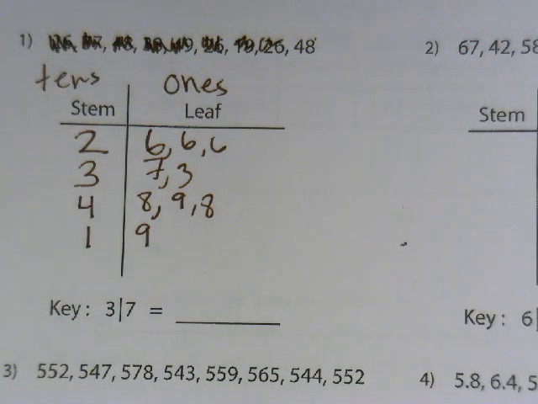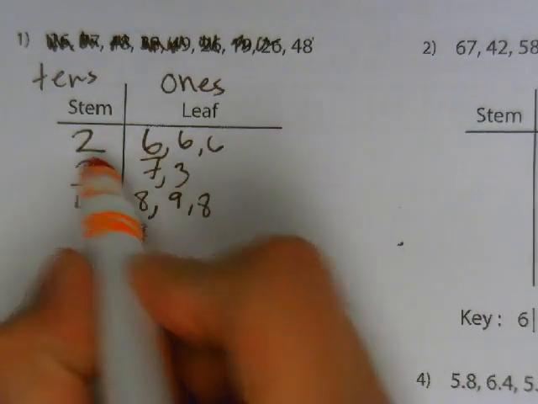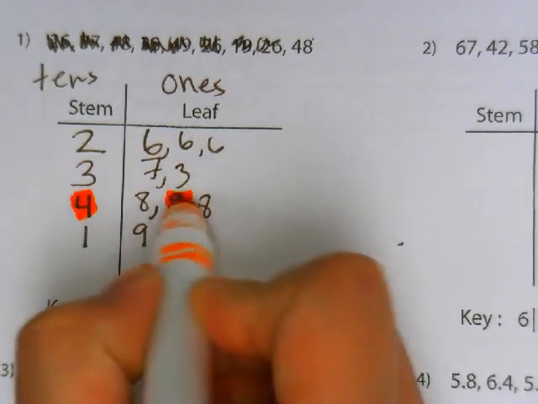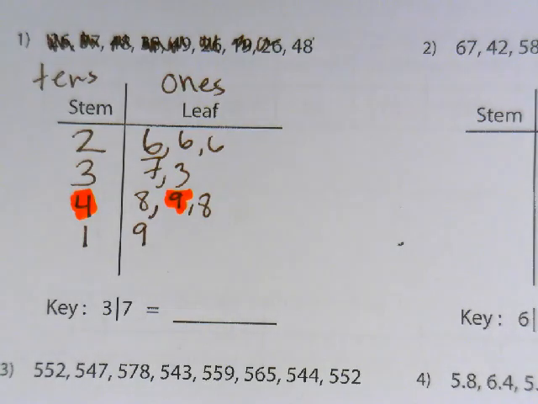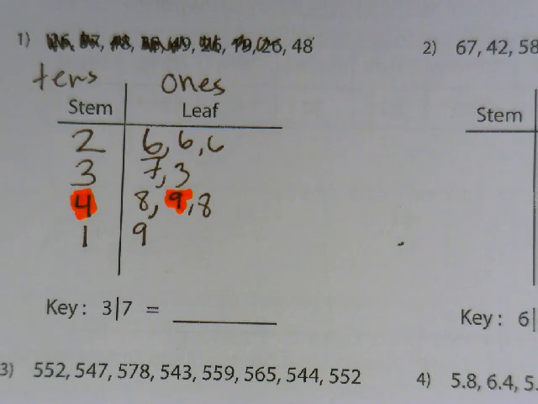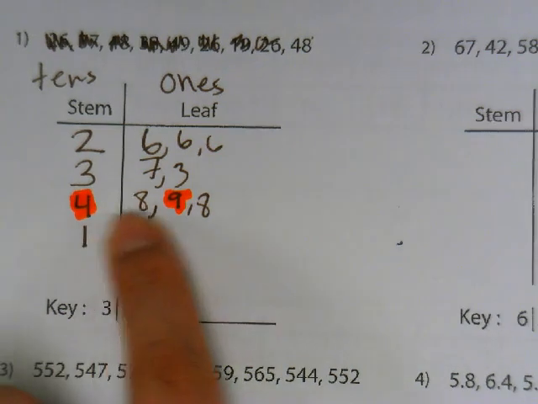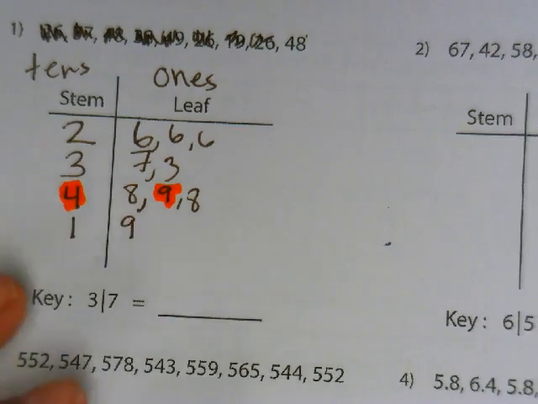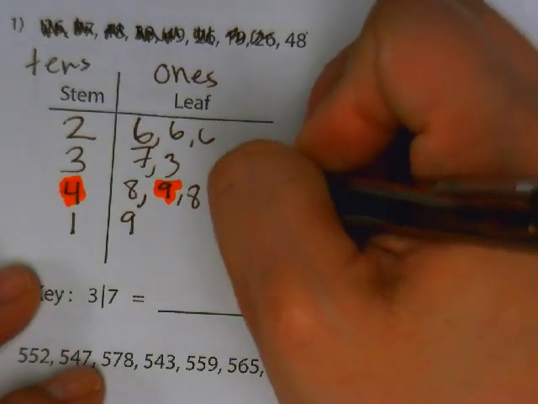Question. If I were to highlight a number, what number did I highlight for you to see? 49. Very good. Good job. As a 7th grader, Brandon, you're supposed to be able to read 49. Okay, question.